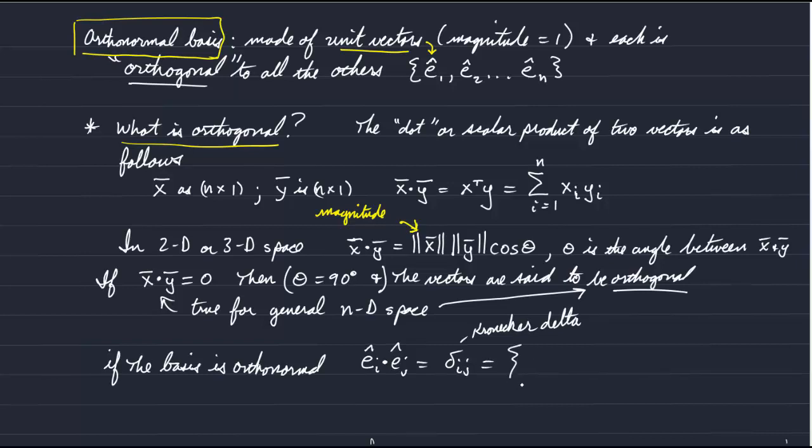Where when i is equal to j, then the vectors are the same, and the dot product of two unit vectors that are parallel to each other is equal to 1. And again, if i is not equal to j, then the two vectors are orthogonal, and so the dot product is 0.